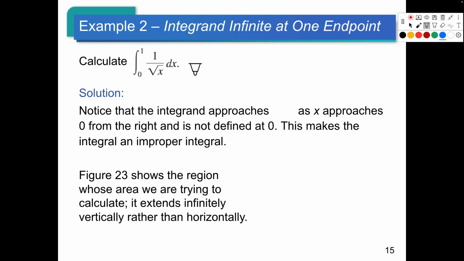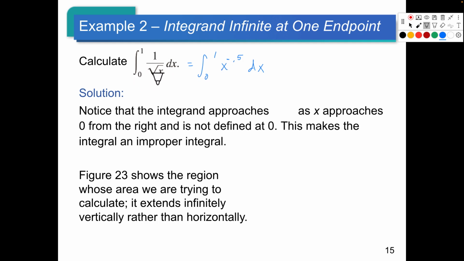So what we would do, this is from 0 to 1, x to the negative 0.5 dx. Let's see. This one might actually still exist when we go through it.